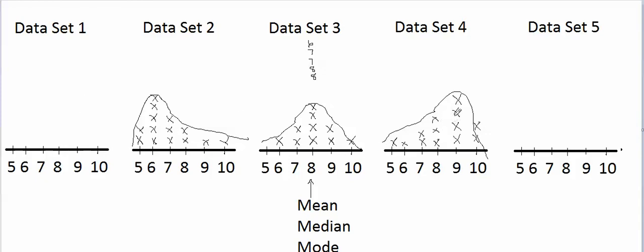And try to make the same type of shape over here, but just more dramatic, a more dramatic skewness. And just do the same thing over again. And just find the mean, median, and mode, and then make arrows to label them. Just write mean, median, mode under here to whatever they equal.